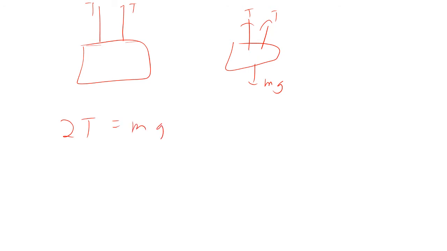So what if we had two identical strings pulling up? Let's say they're symmetric. We'll make them non-symmetric in a little bit, but if they're symmetric, then free body diagram, we have two tensions pulling up, we have mg pulling down, so 2T equals mg, so that means that tension equals mg over 2, so that would be 98.1 newtons divided by 2, so that's 49 newtons.